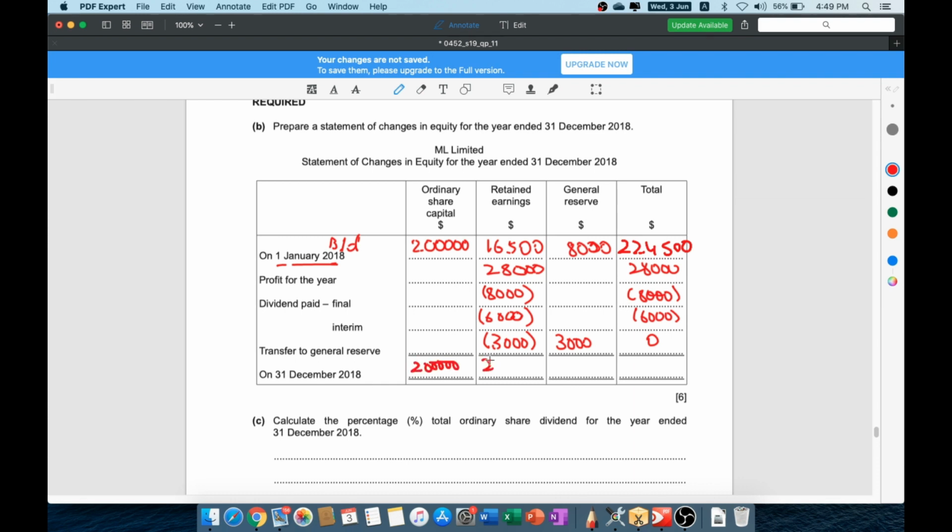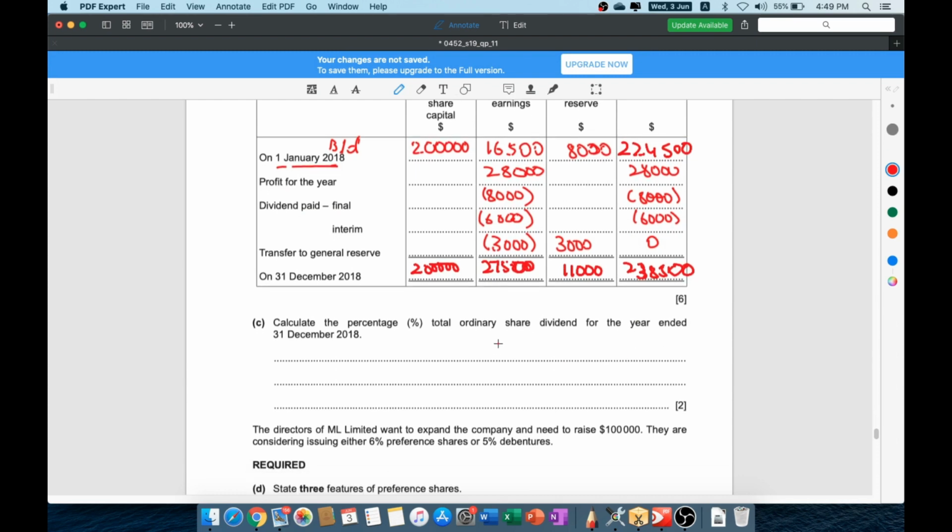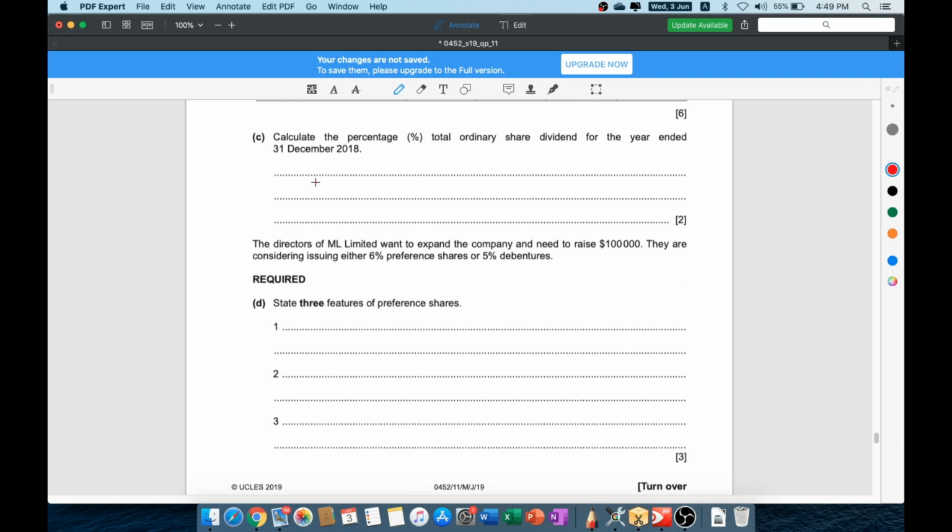This becomes 27,500. That's positive. This one becomes positive 11,000, and then this one becomes $238,500. All right. So that is that. That one was really straightforward and easy. You should have been able to do that.